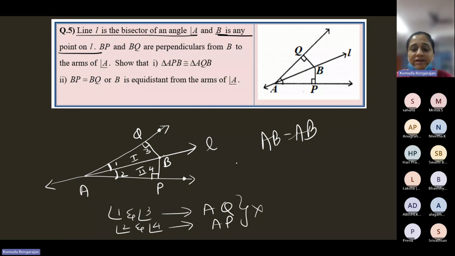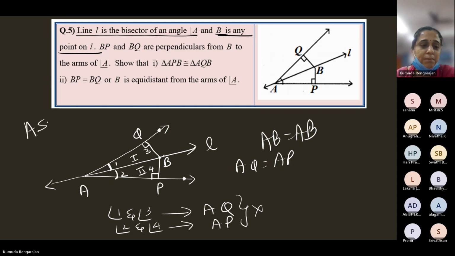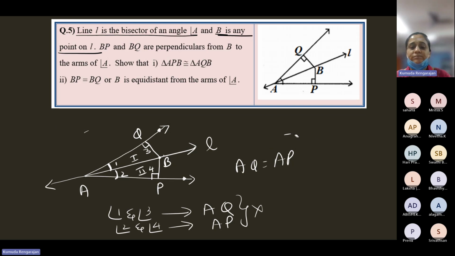If we had written AQ is equal to AP, then it would be two angles and the included side, so it would be ASA. But here it is AA and some other side. AAS, two angles and some other side. By the AAS congruence criterion, the two triangles are congruent to each other.